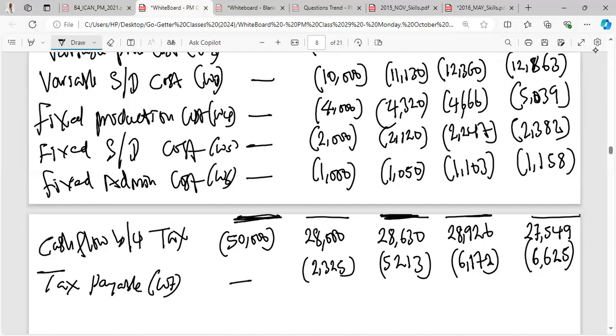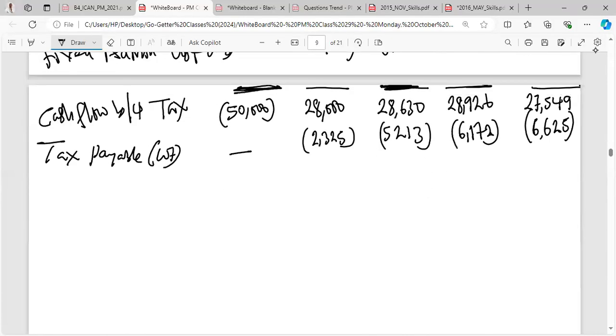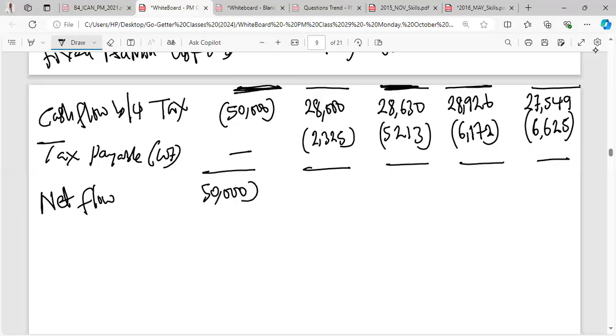Now that I have my tax payable, all I will need to do is my net flow. So this remains 50,000. So what will this one be now?